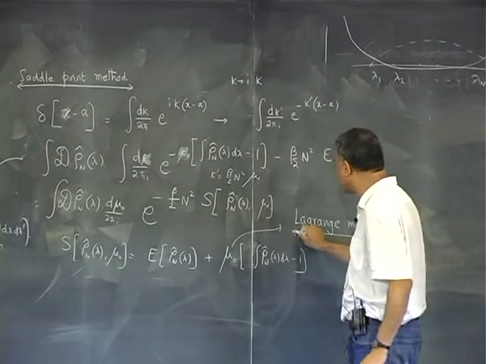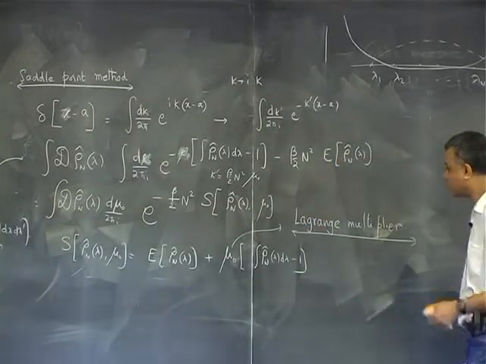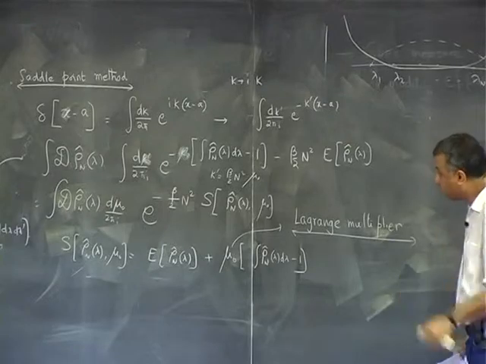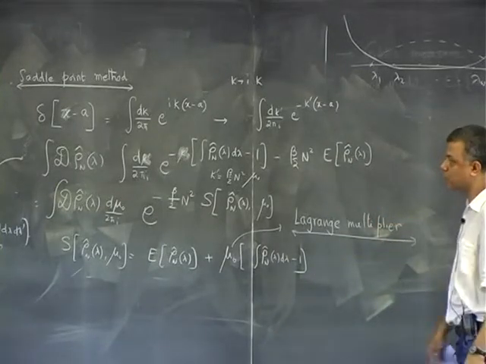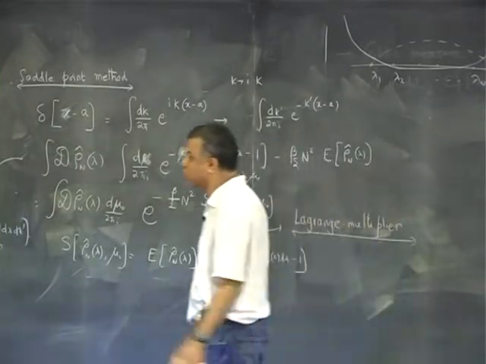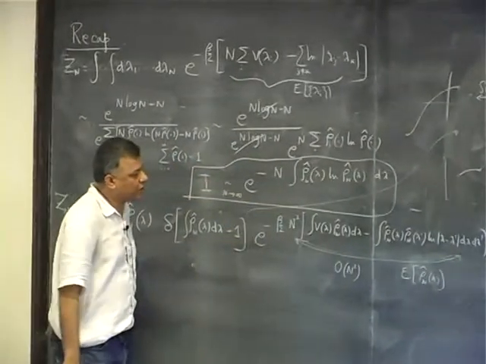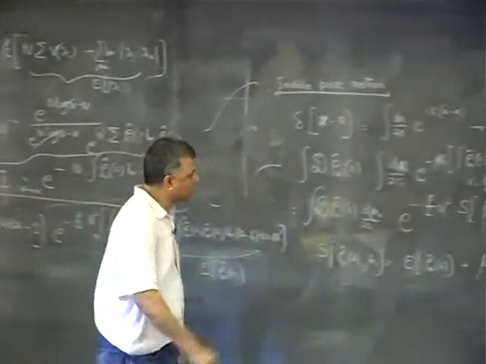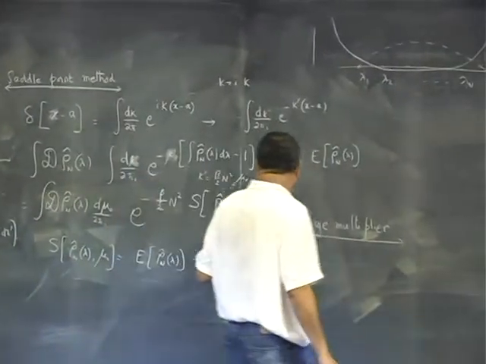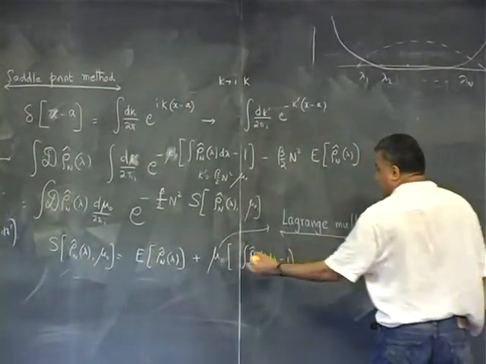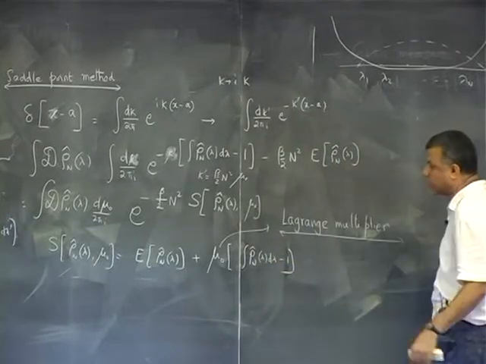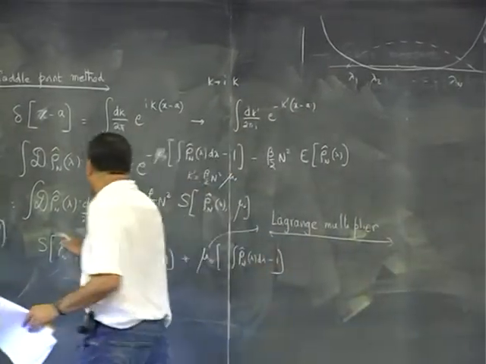When we learn it in school, it's taught to us as some kind of mystery thing, but this is the main point behind Lagrange multiplier. When you have a constraint, meaning you have a delta function, you just use the integral representation of the delta function, and when you minimize with respect to the saddle point, automatically the action has this object here. Okay, very good. So we have the action now.